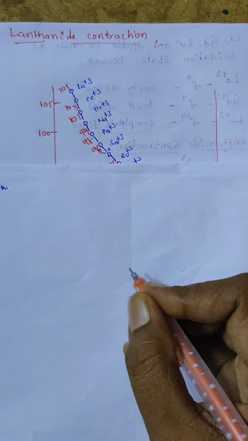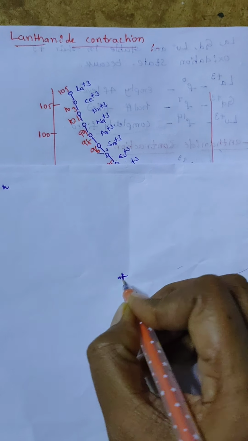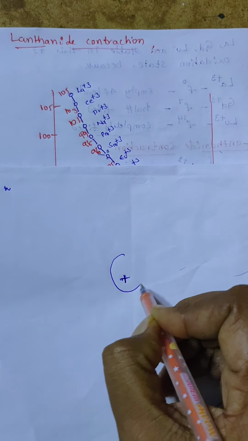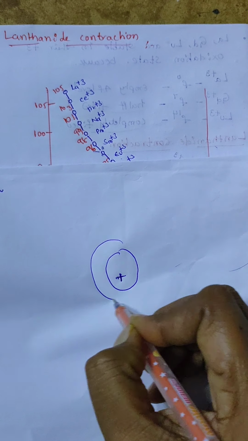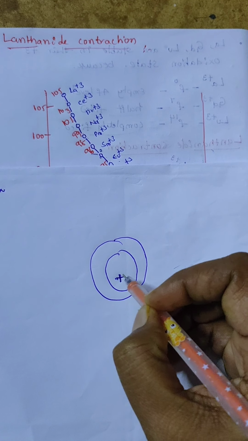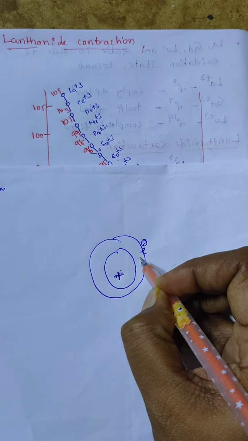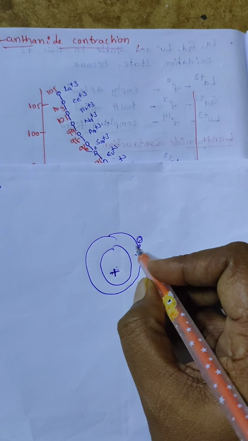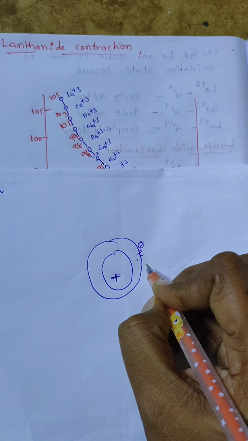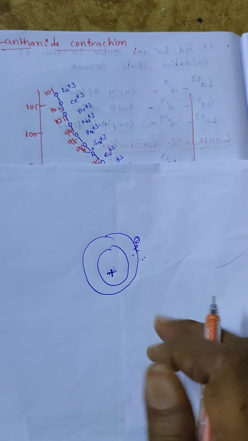If you see this, this is the nucleus, and you have a number of shells. The distance between the nucleus and the electrons in the outermost shell of its ions is called ionic radius.